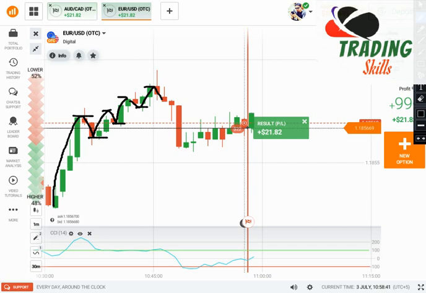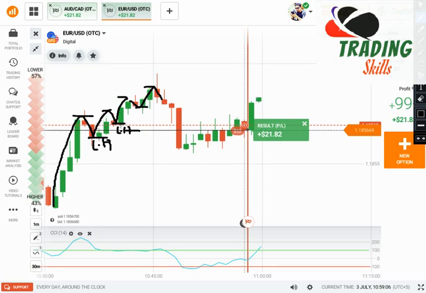So this level is lower than the high. Okay, so now you can see again this level is lower than the previous high. So therefore you can see market is moving like this.